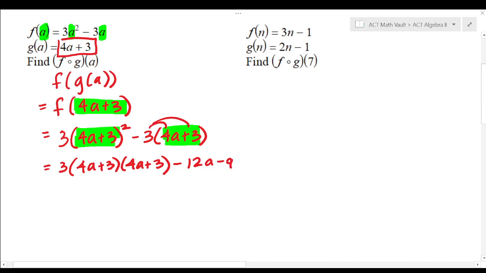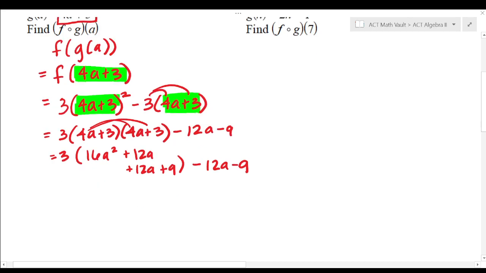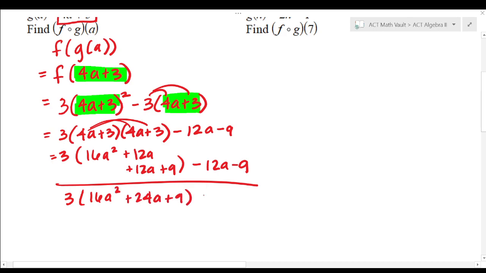That can distribute. So I need to FOIL here. I get 16a squared plus 12a plus 12a plus 9. I need to subtract the 12a and 9. We will have 3 parentheses 16a squared plus 24a plus 9 minus 12a minus 9.